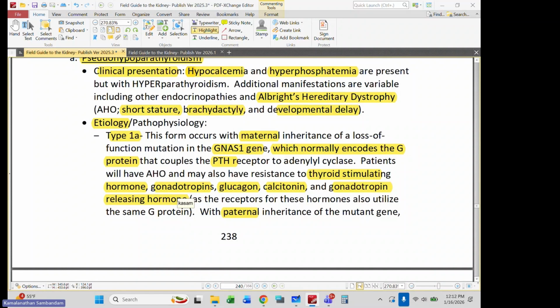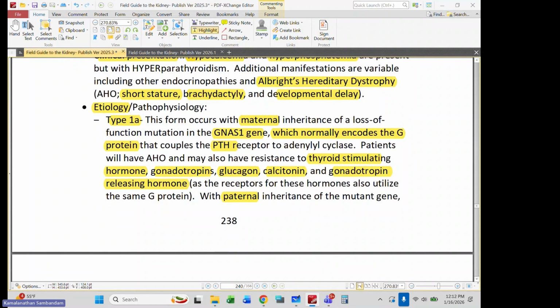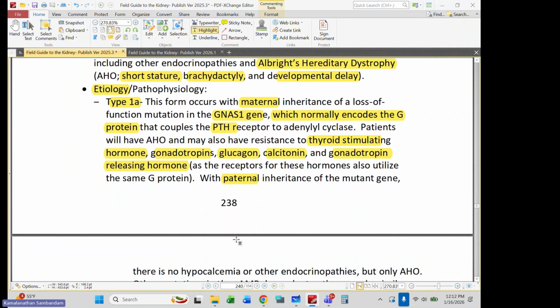The hormones are elevated, but their biologic effect is deficient, which will result in a predictable phenotype, right? Hypothyroidism, for instance, will be amongst the phenotypic manifestations of this disease.